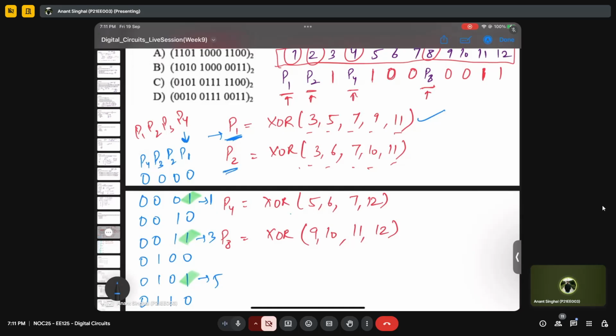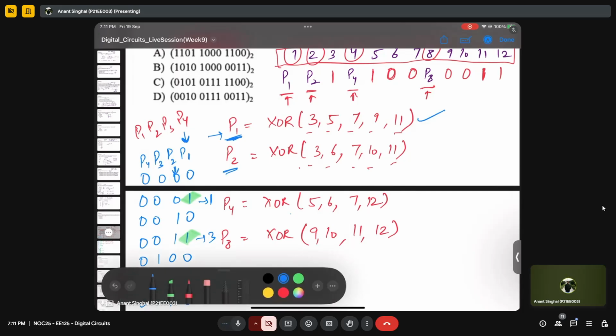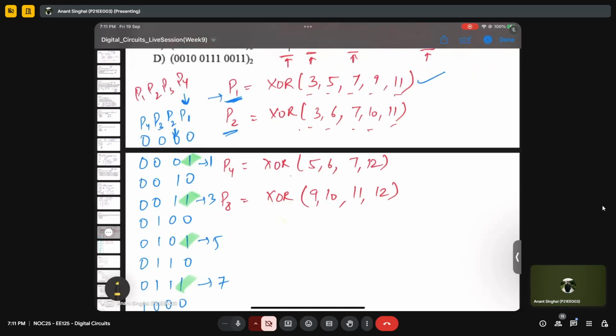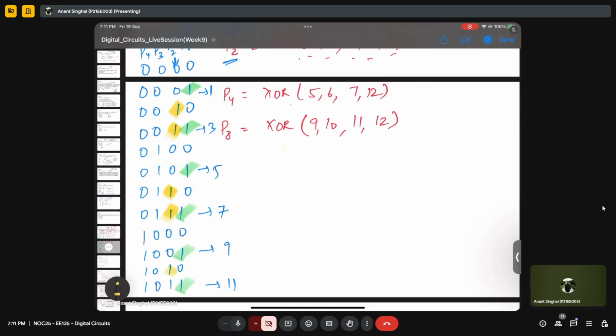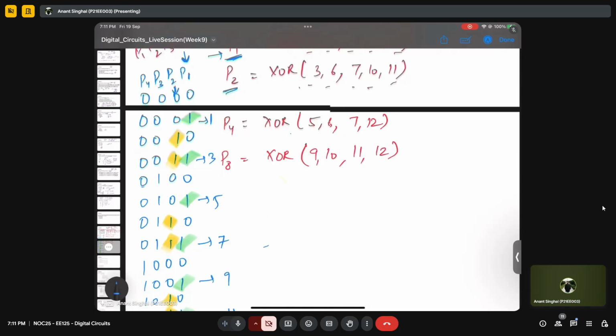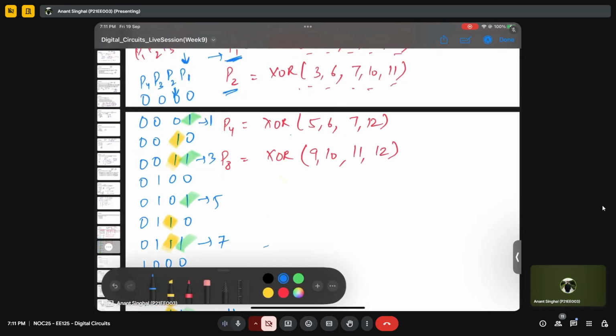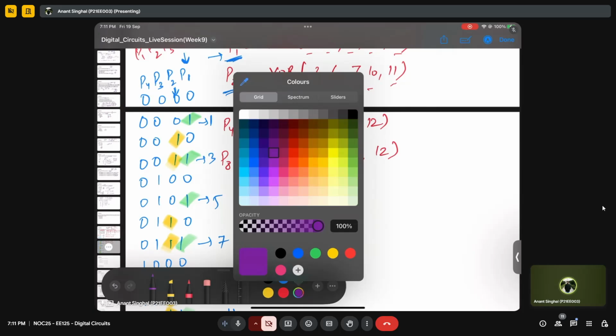Similarly for P2, we take the positions where the second bit is 1. It's 1 here, 1 here. The first one is 2, which I have not written because it is already occupied by the parity bit itself.